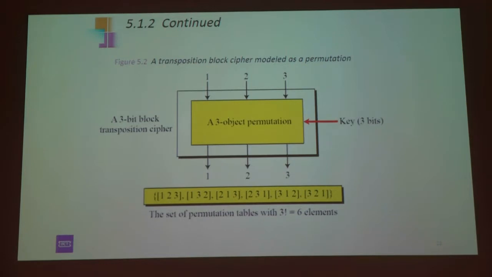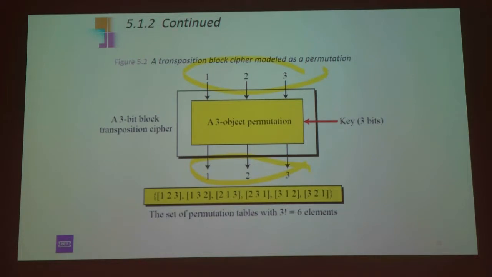A transposition block cipher modeled as a permutation. Here we have a 3-bit input and a 3-bit output. A 3-bit block transposition cipher. How many options will you have? 6, right?